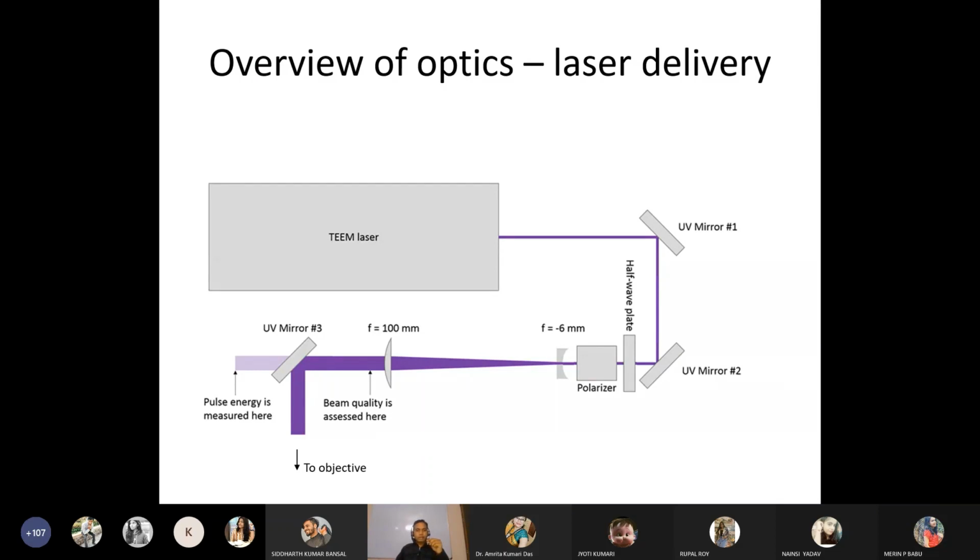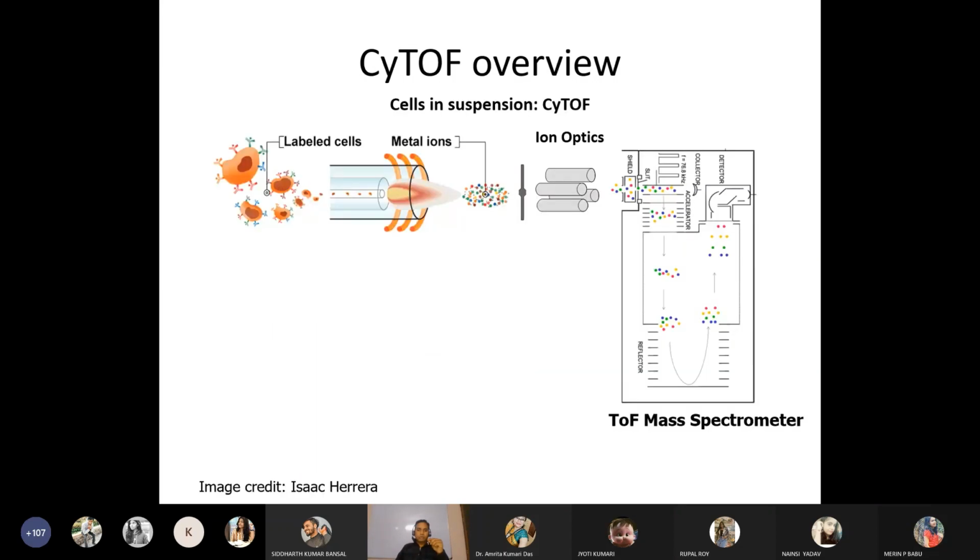Again, there is a laser, and this laser is incident on the object, or the cells, of our interest. This is just an overview; the story remains much more than this. These are the labeled cells.